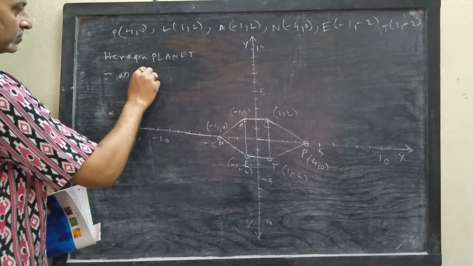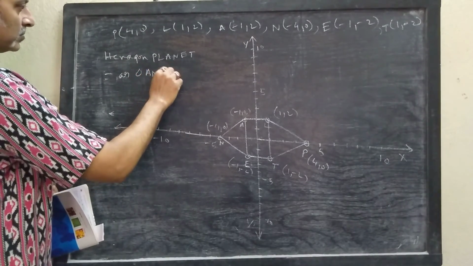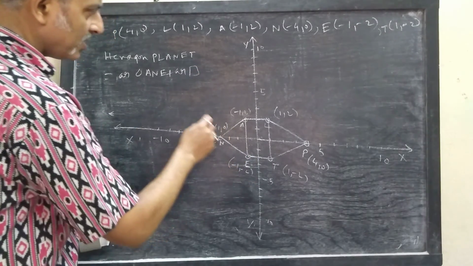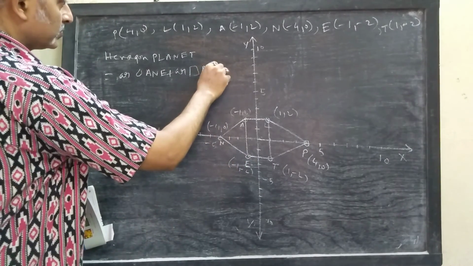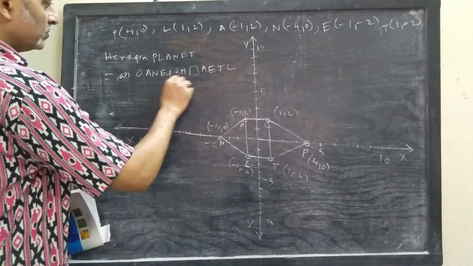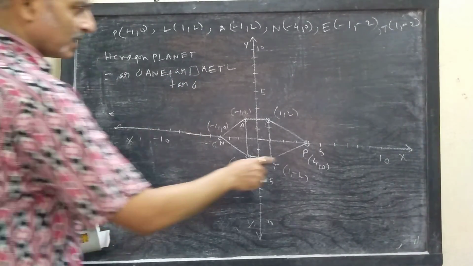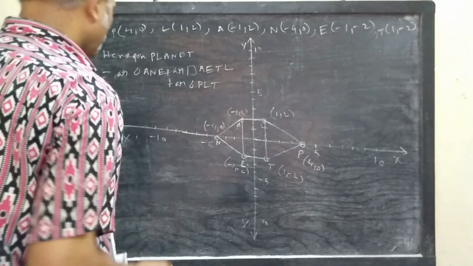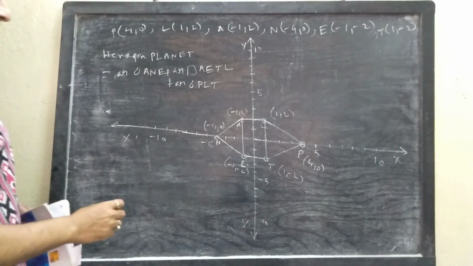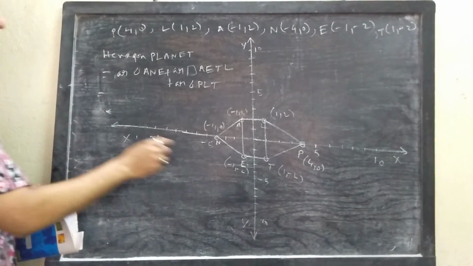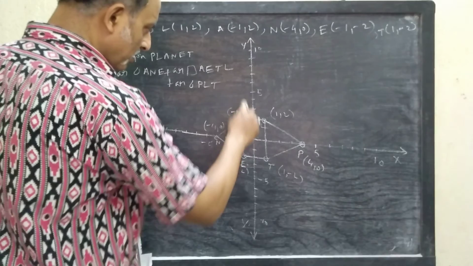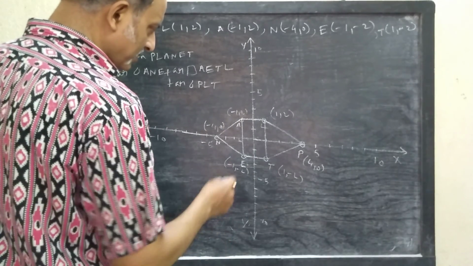ANE plus area of rectangle AETL plus area of triangle PLT. In triangle ANE, this is the altitude, and you can consider AE as the base.